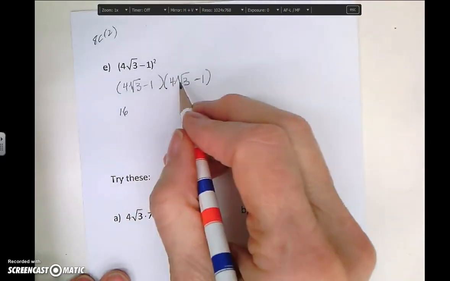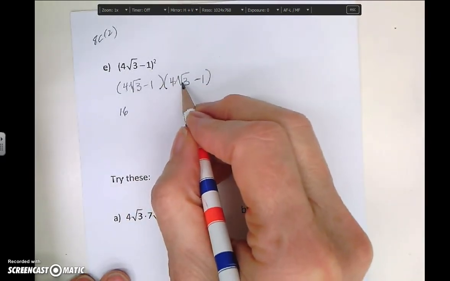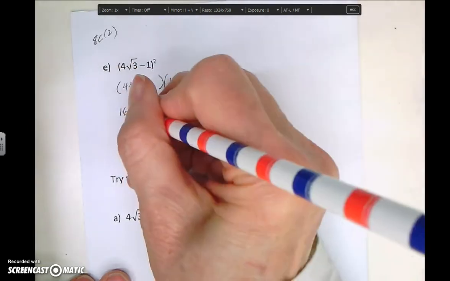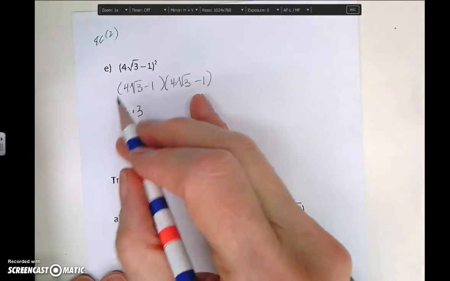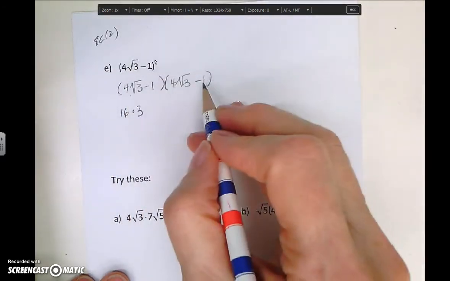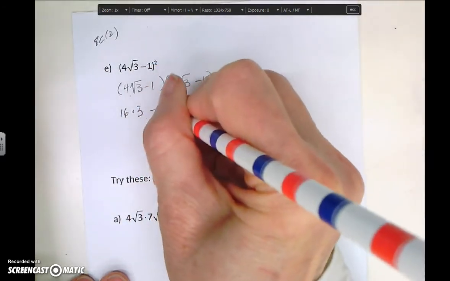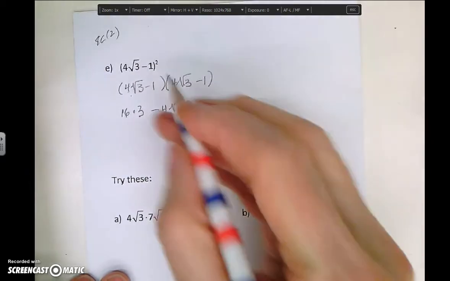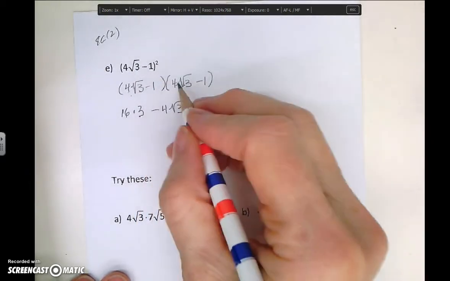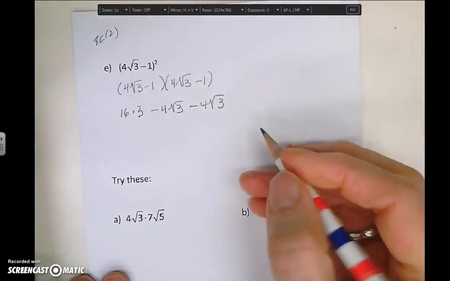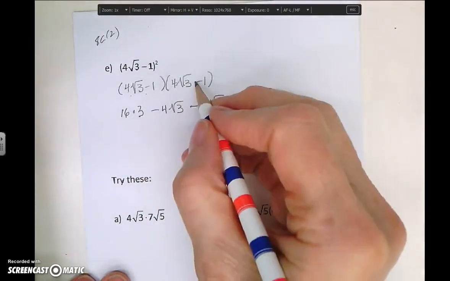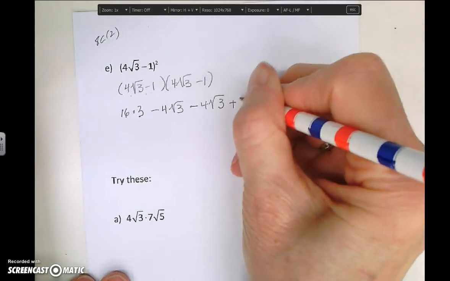And radical 3 times radical 3 is going to be radical 3 squared, which is 3. And then 4 radical 3 times negative 1 is going to be negative 4 radical 3. And negative 1 times that again is going to be negative 4 radical 3. And then negative 1 times negative 1 is plus 1.